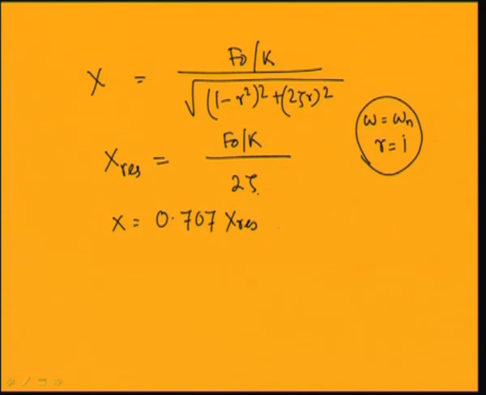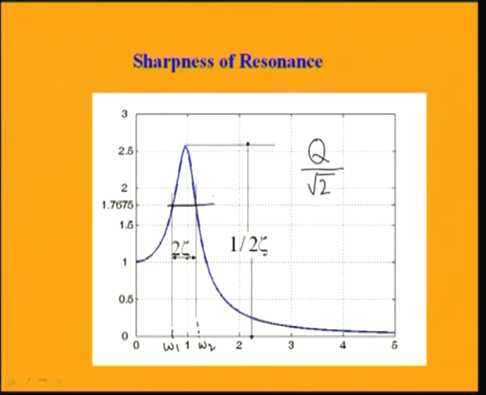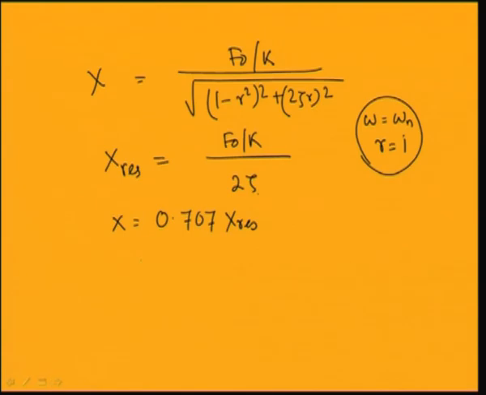By taking that you can get two frequencies, and these frequencies are known as half power points. So, I can take this x as 0.707 times x resonance, and already you know this expression. So, substituting this in this expression I can write 0.707 x resonance, where x resonance by f0 by k equals 1 by 2 zeta.